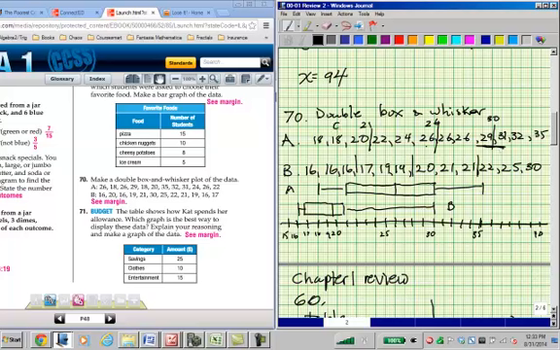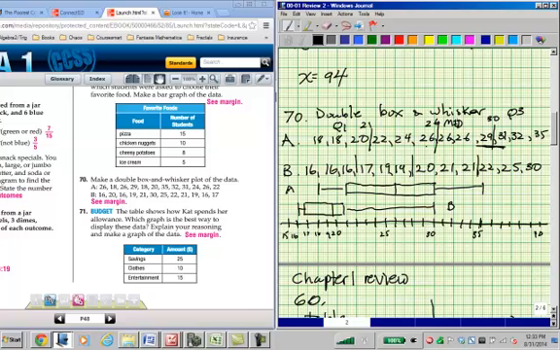So this is quartile 1, and this is quartile 3. To the right of quartile 3 is the top 25% of the distribution. To the left of quartile 3 is the lower 75% of the distribution.